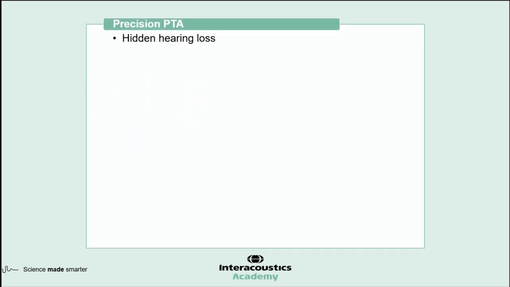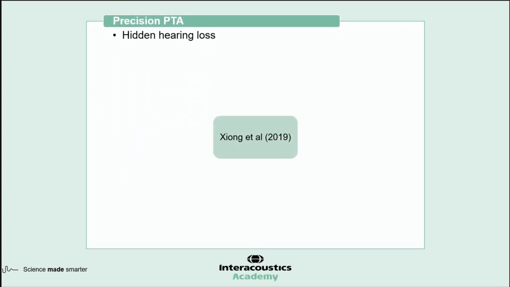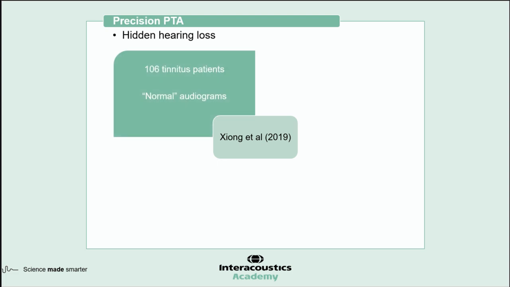Now, precision PTA is not exactly a specific test that you can load up in your audiometer. But there was an interesting study published recently which looked into tinnitus patients. They took 106 tinnitus patients who had ostensibly normal audiograms. So using the standard frequencies, everything looked absolutely fine.